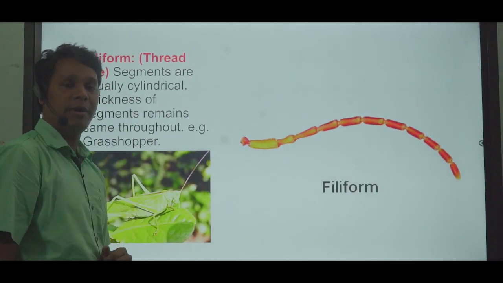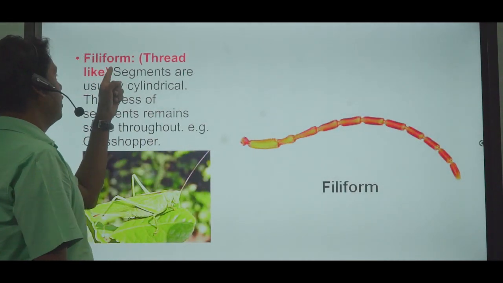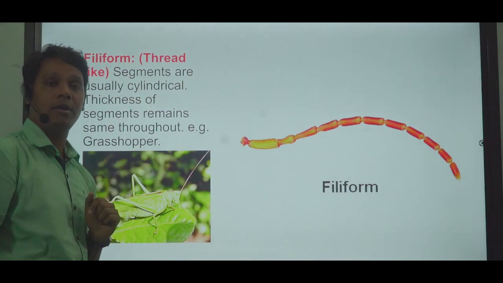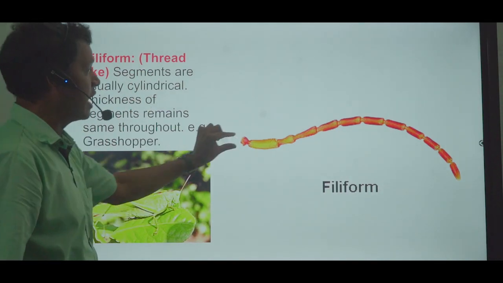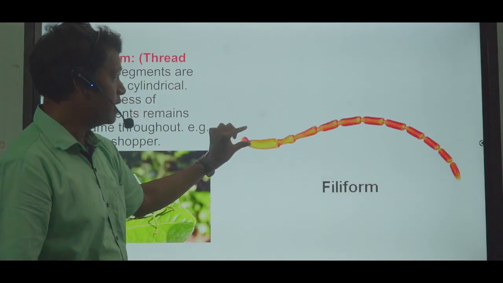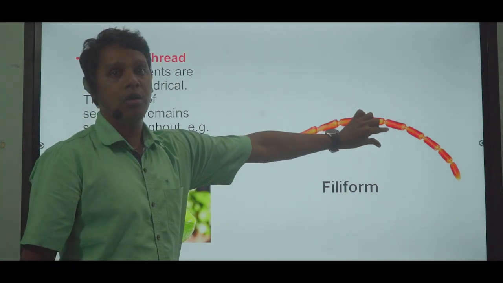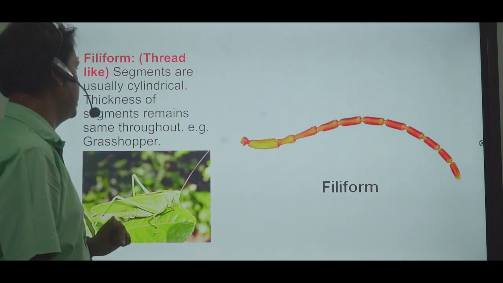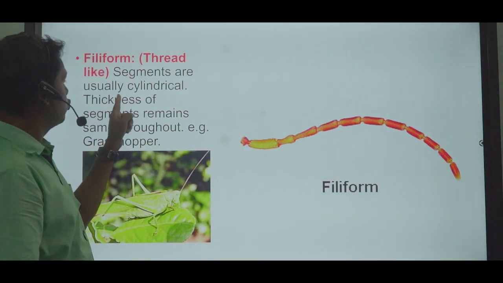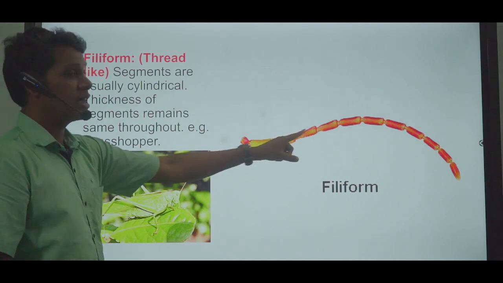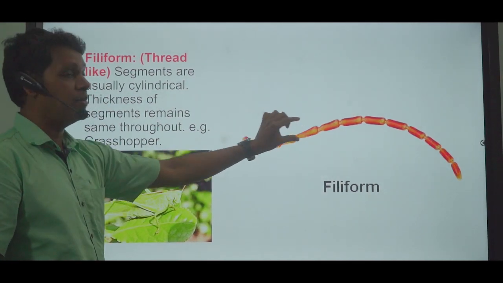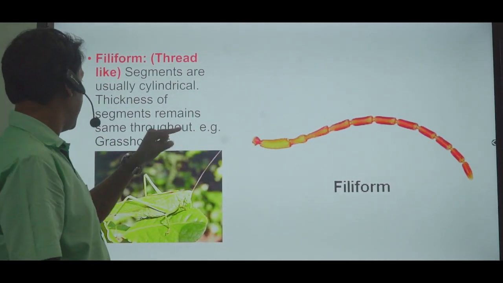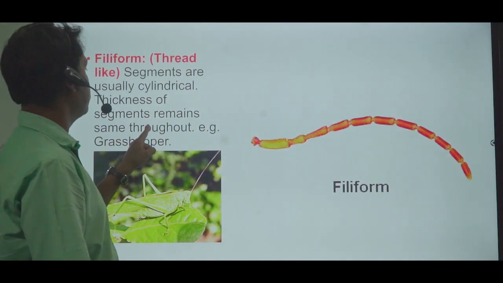Now the second type of antennae is filiform antennae. Why filiform? The structure is thread-like. As we can see in this figure, this is an almost thread-like structure. That is why this is called filiform antennae. The segments are usually cylindrical, and the segments remain the same throughout.